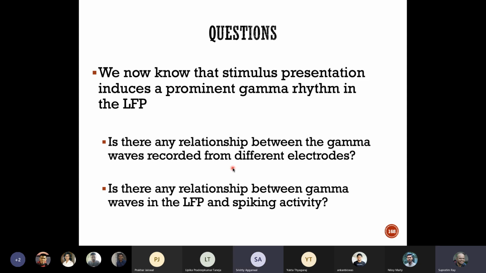Correlation. Correlation between what and what? The gamma waves that are recorded from one electrode and from the other electrode. Okay, so correlation gives you another time series, right? When you correlate two functions, you get another function. What are you going to do with that?